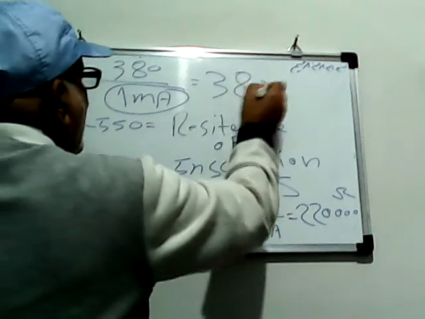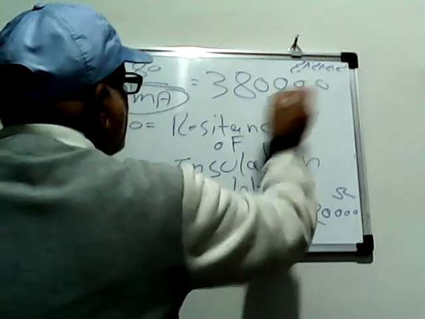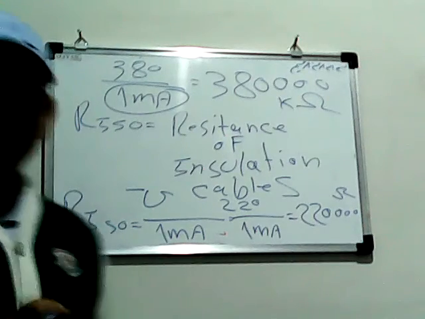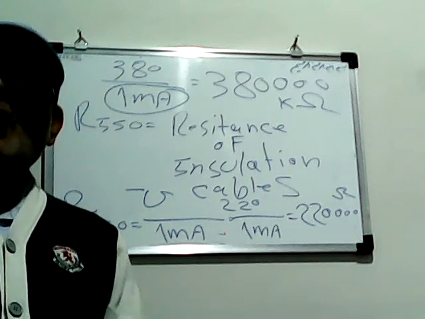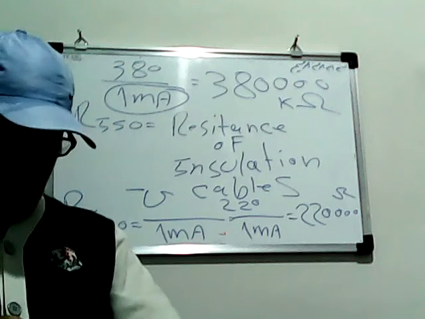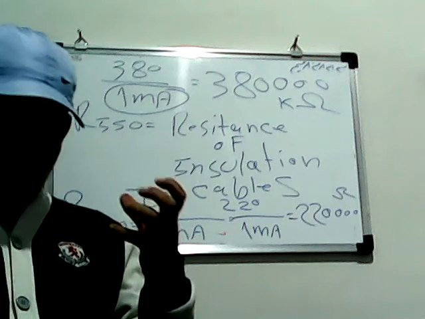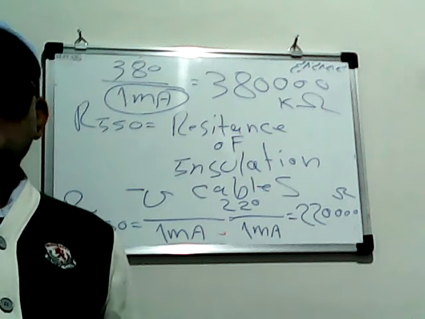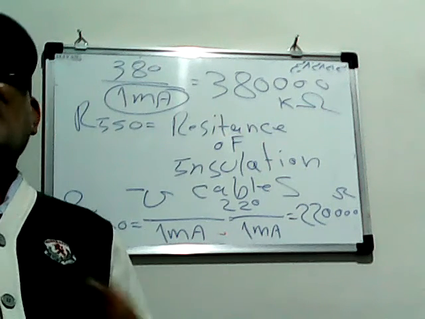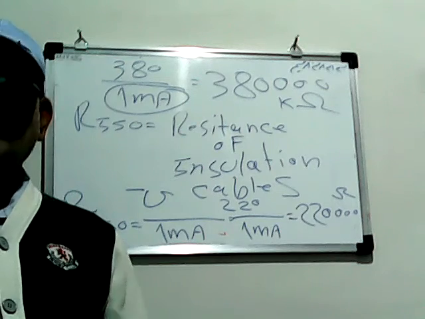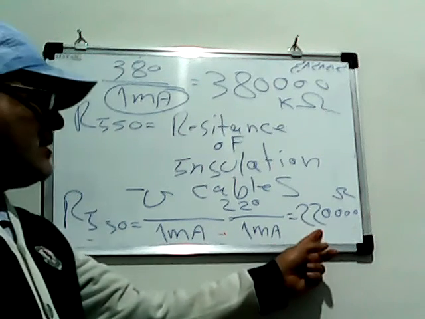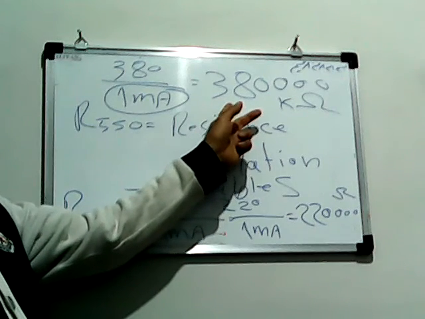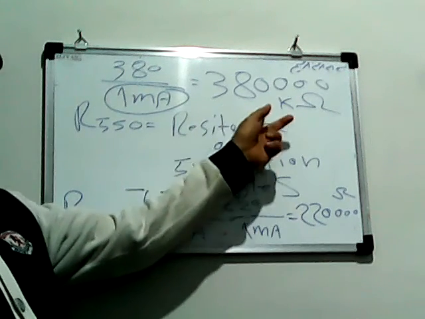This is 380 kilo ohms, or 300 kilo ohms, for 3 phases. For 4 phases, you have to have more insulation ohms between phase and earth, neutral and protective earth. Protective earth insulation is 220 kilo, but the phase is 380 kilo.